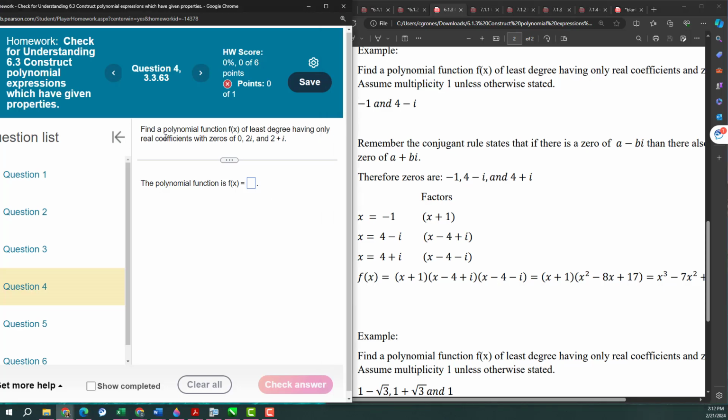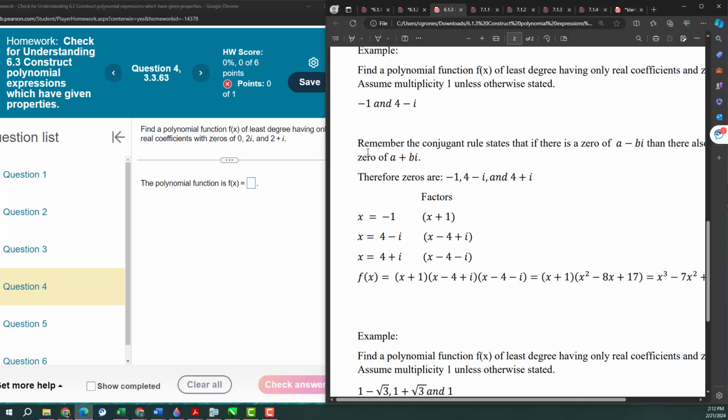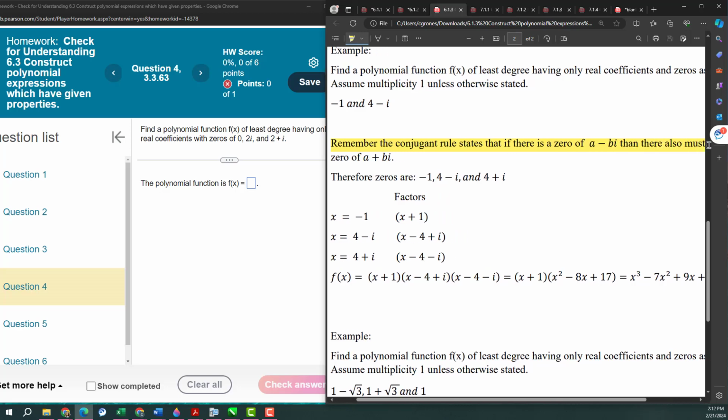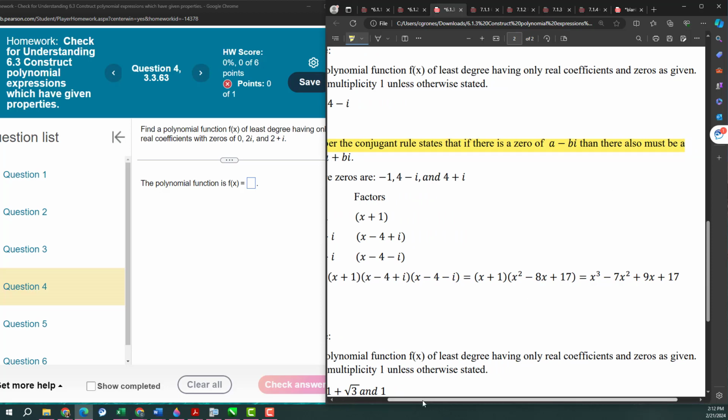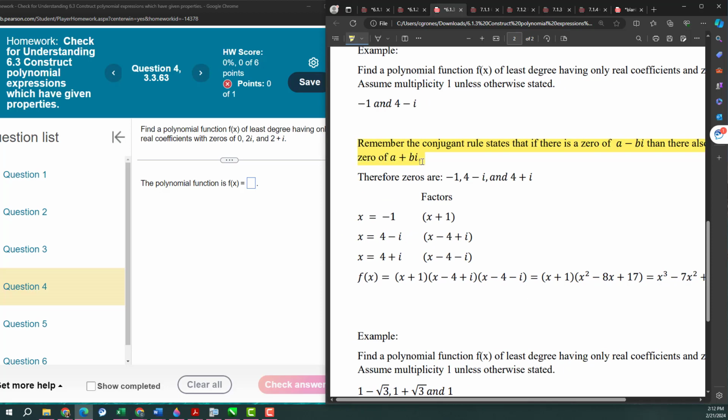But it says find a polynomial function f of x of least degree having only real coefficients with zeros of 0, 2i, and 2 plus i. So what we need from these notes is that we need to remember that the conjugate rule states that if there is a 0 of a minus bi, then there also must be a 0 of a plus bi.